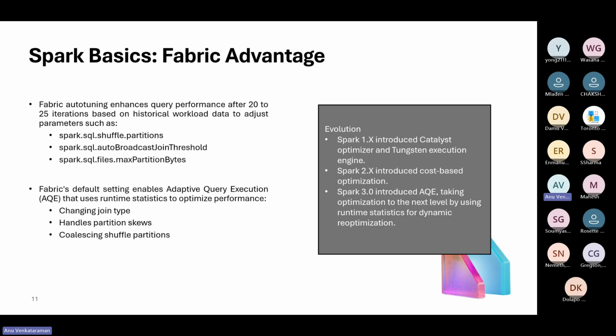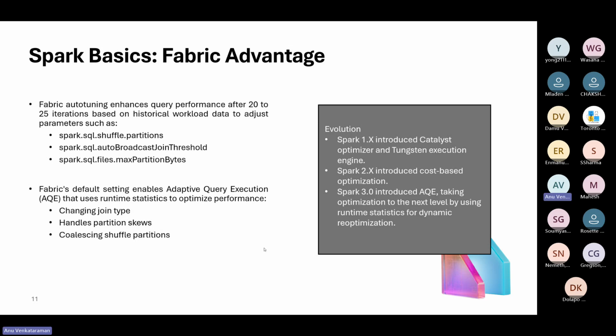So Fabric already has these auto tuning settings for you. And in Spark 3.0, there is adaptive query execution, which came as another optimization to optimize the joins and to handle the partitions.